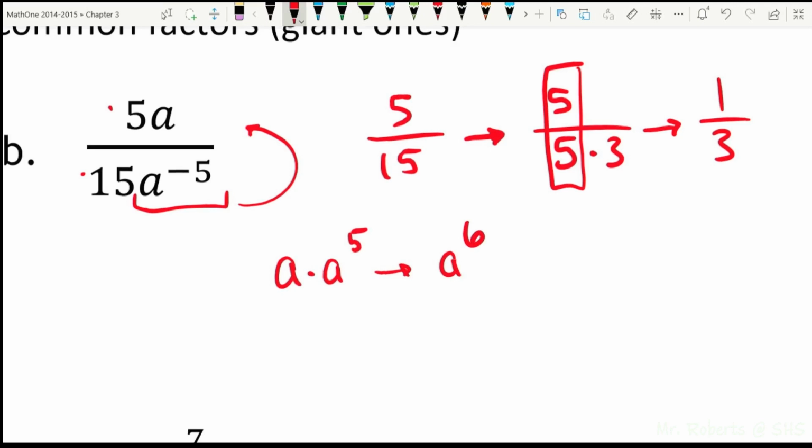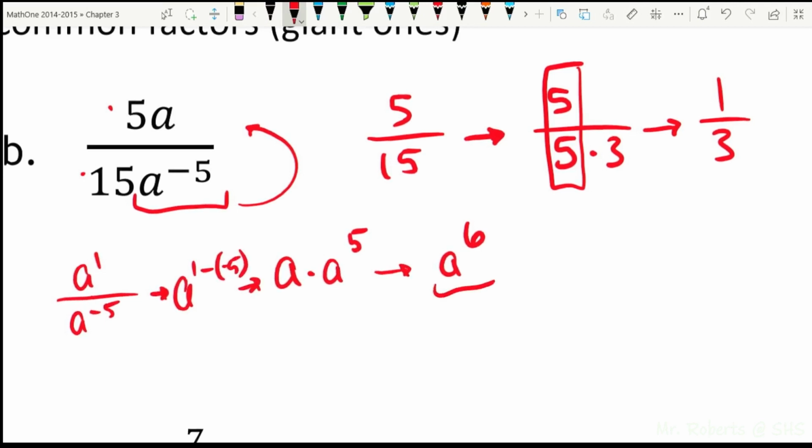Another way to think about that is I have a quotient here. I have the same base, like this is a to the 1st over a to the negative 5th. That's the same as a to the positive 1, that's what's in the numerator, minus a negative 5, which still gives me the a to the 6th.